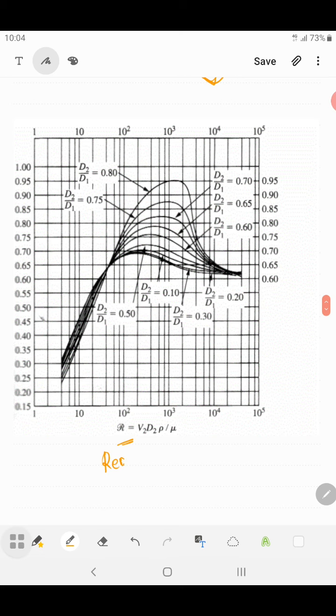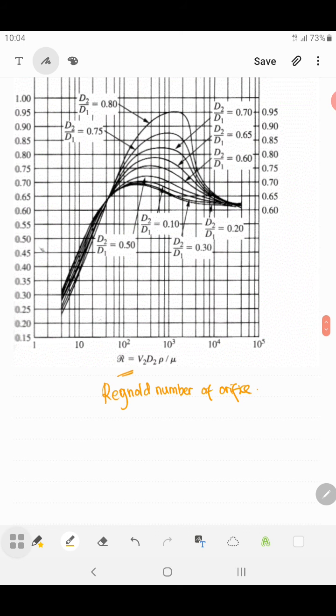The properties used in this calculation should be the properties at the orifice meter.